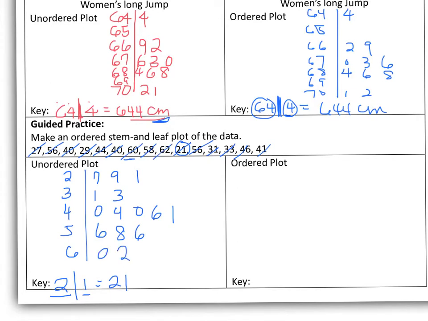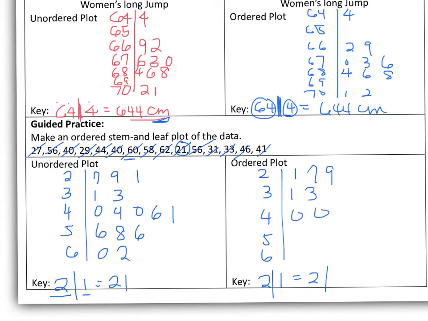So now, again, write down your key and then put it in order. 2, 3, 4, 5, 6, 1, 7, 9, 1, 3 is already in order. 0, 0, 1, 4, 6, and 6, 6, 8, 0, 2. Okay, shouldn't be too hard. You just make sure you write your numbers neatly.